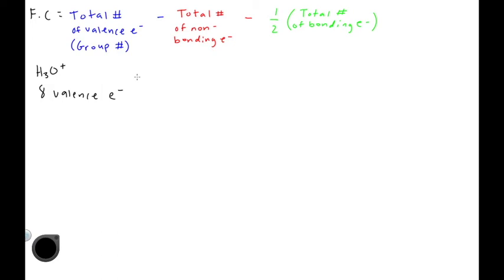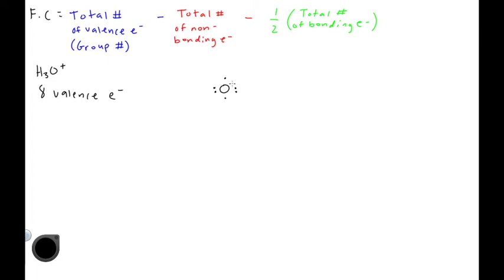Okay, so since there's only one multiple bond forming atom, oxygen, we'll just draw our oxygen atom right here. And then here's the Lewis dot structure for oxygen.